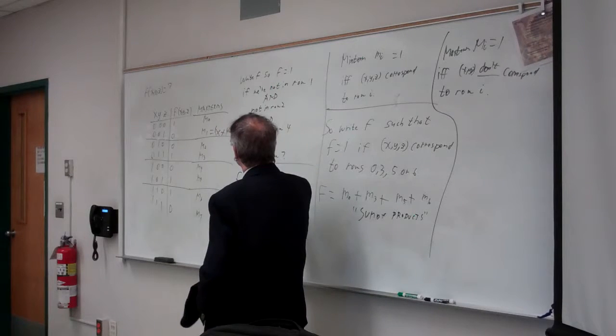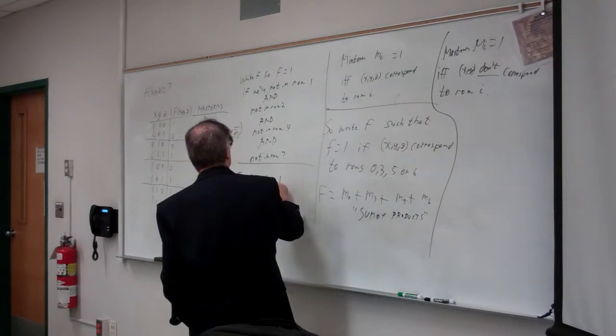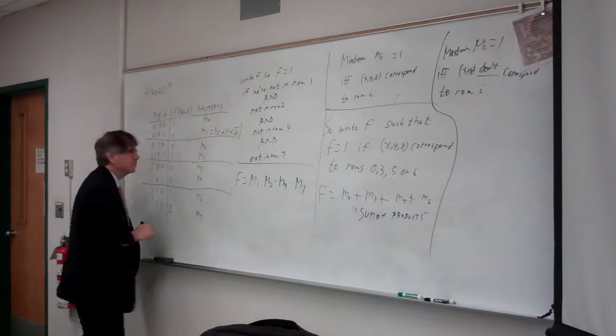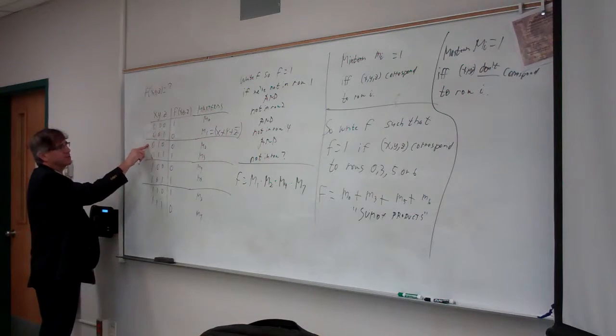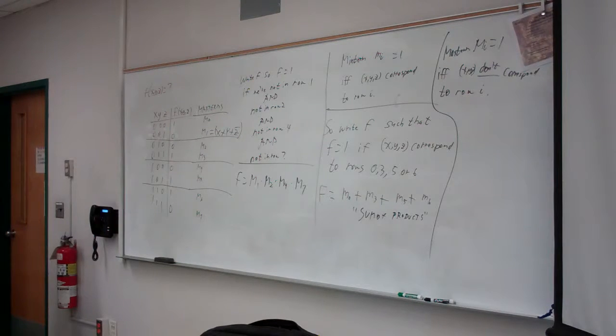So if M1 is true, and M2 is true, and M4 is true, and M7 is true, then we're not in this row, and we're not here, and we're not here, and we're not here, so our function must equal 1. So that's an equivalent expression for an equation that's equal to 1 in the places where this truth table shows 1.